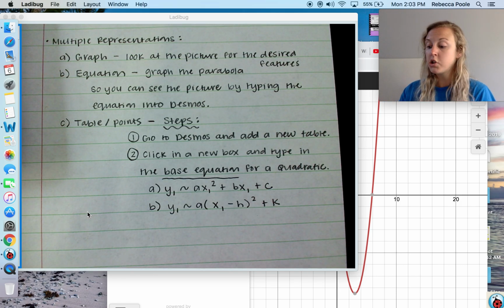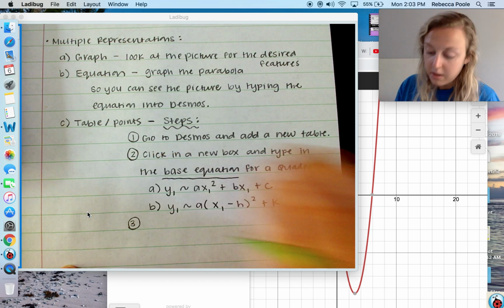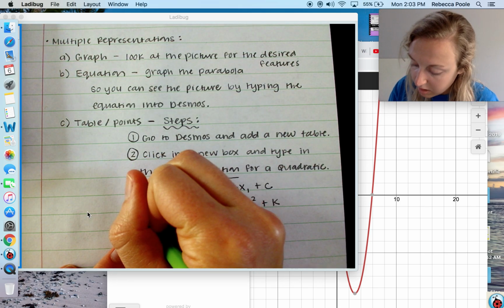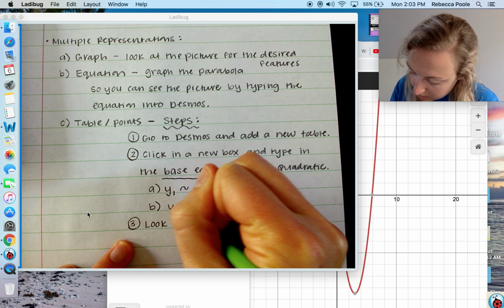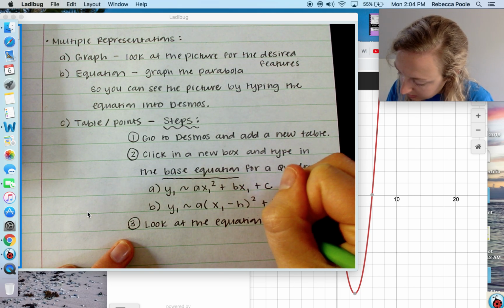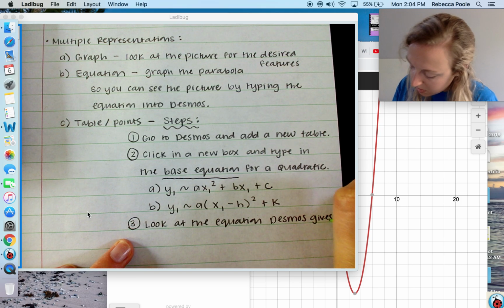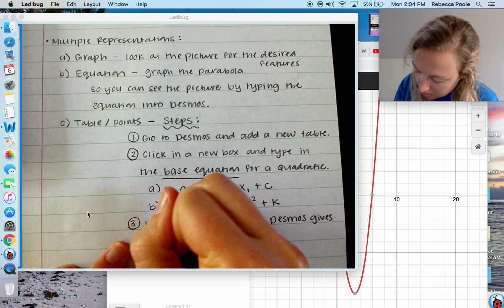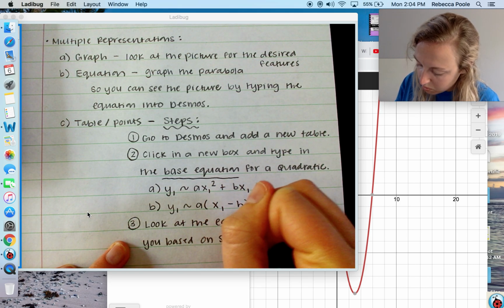So once you type in that base equation, step 3 is going to be look at the equation Desmos gives you based on step 2.